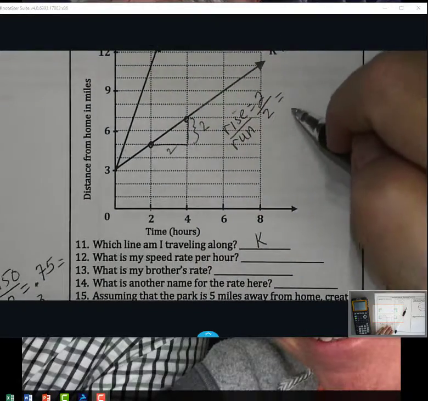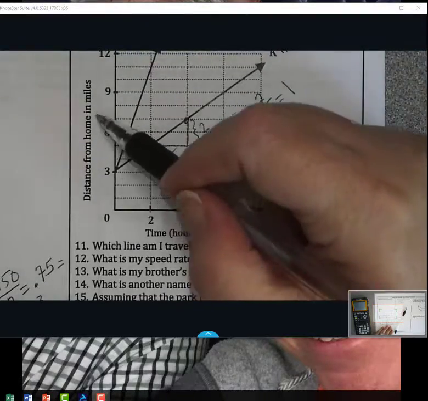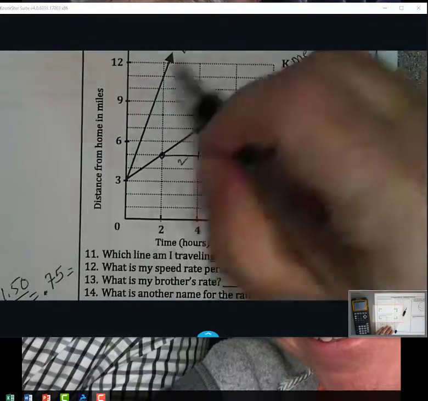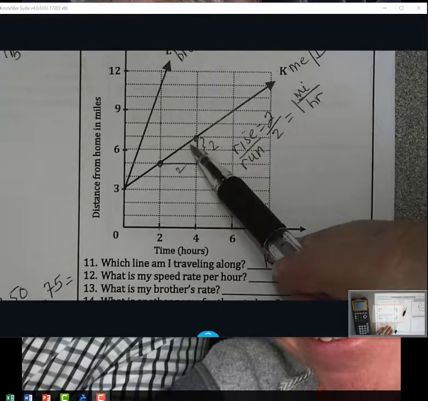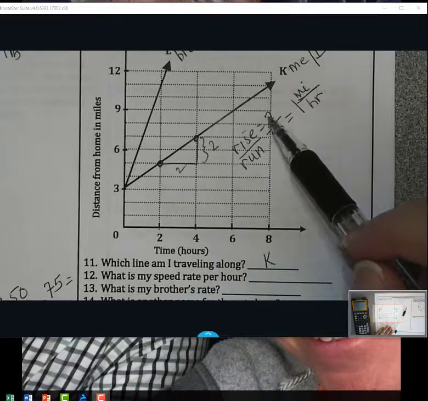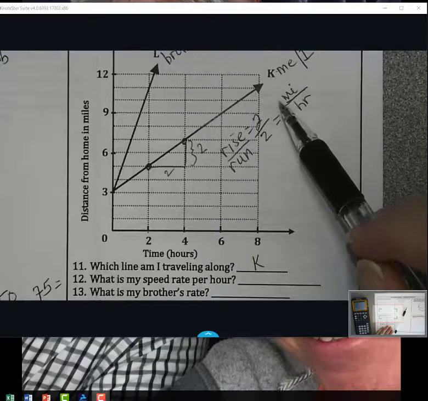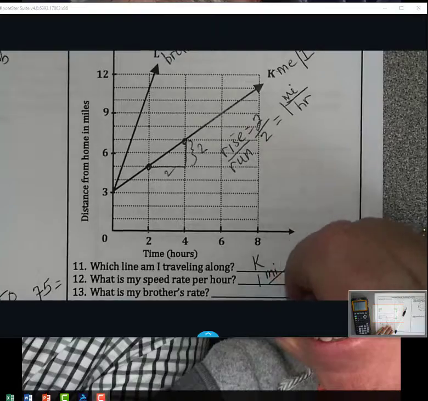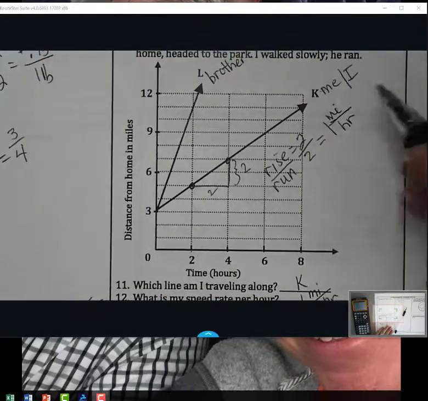And this is time in hours, down here is hours, and then it's miles. So he had an increase in 2 miles for 2 hours. So he is going 1 mile per hour.